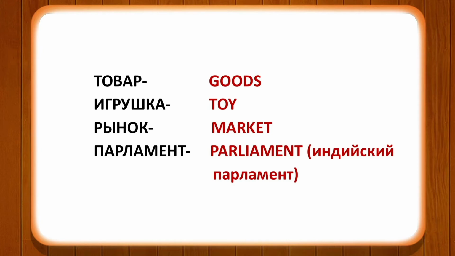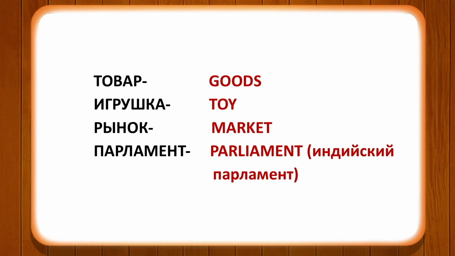Igrushka. Igrushka is a feminine gender noun in Russian, and that means toy. Rynok. Rynok means market. I hope you remember that I told you earlier that rynok can be used as a synonym of the word bazaar. Parliament means parliament.